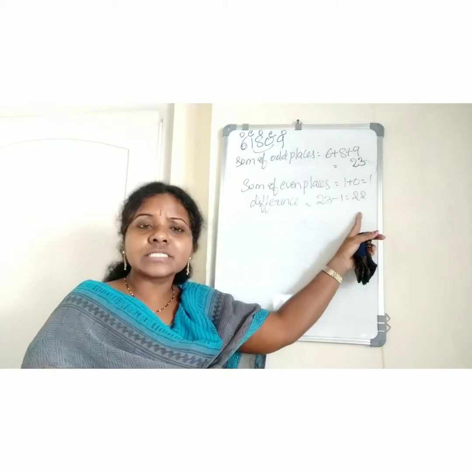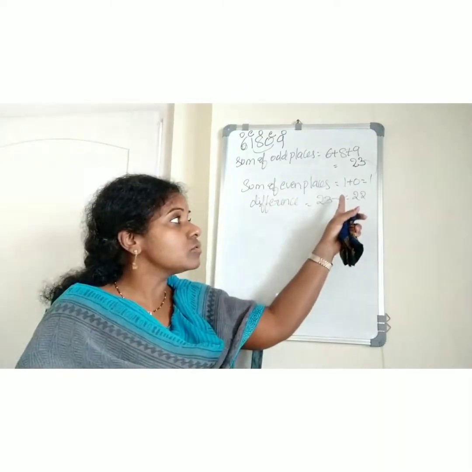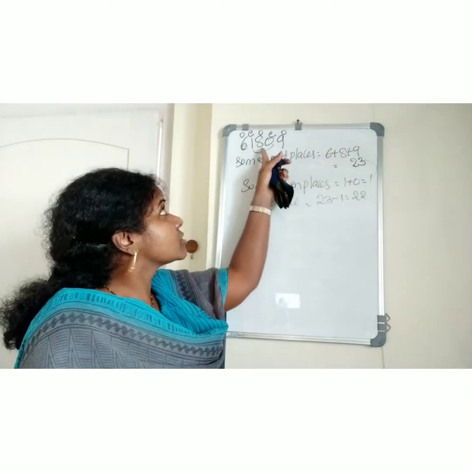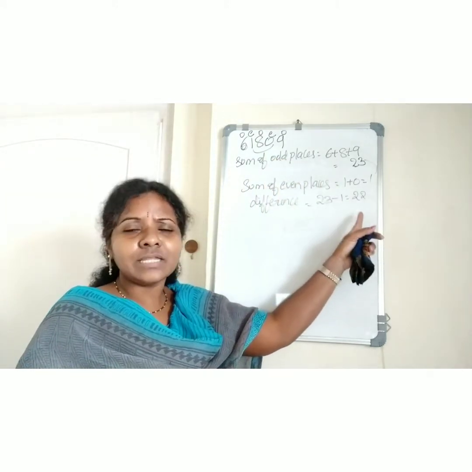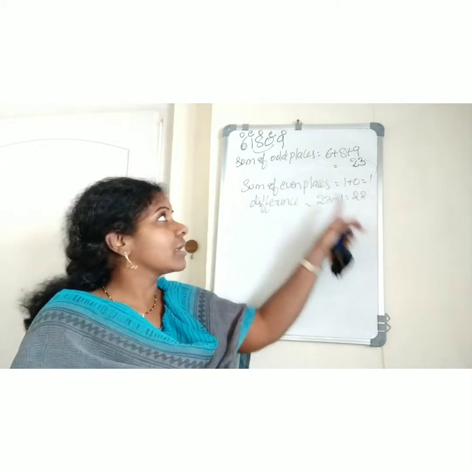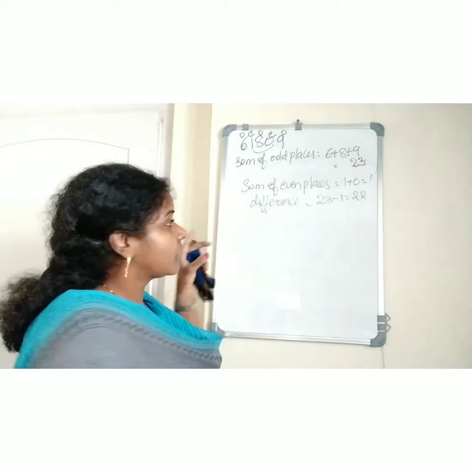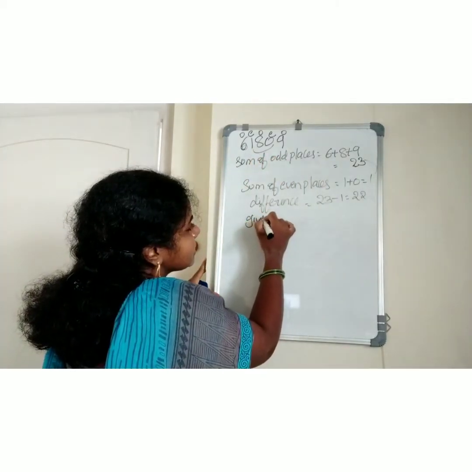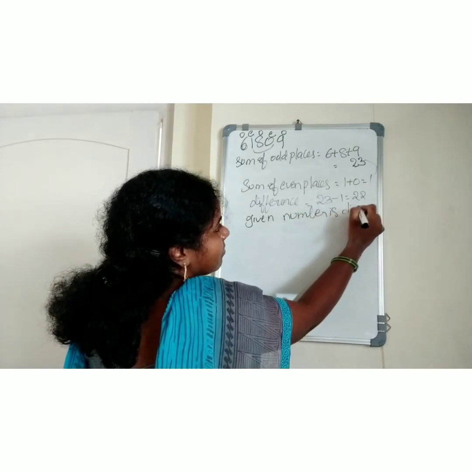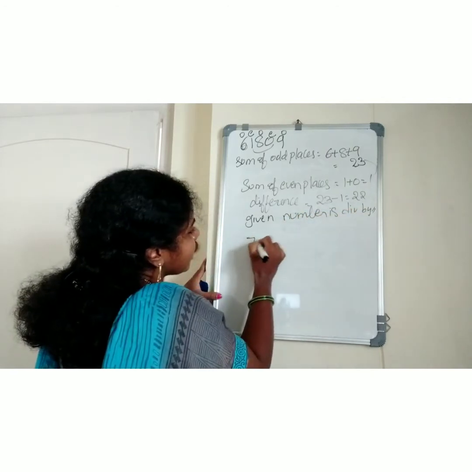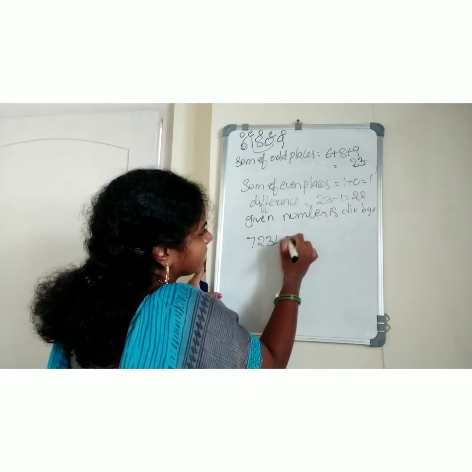Here 22 is a multiple of 11. 11 twos are 22. So this number also will be divisible by 11, because we got 22 and 22 is divisible by 11. Therefore the given number is also divisible by 11.